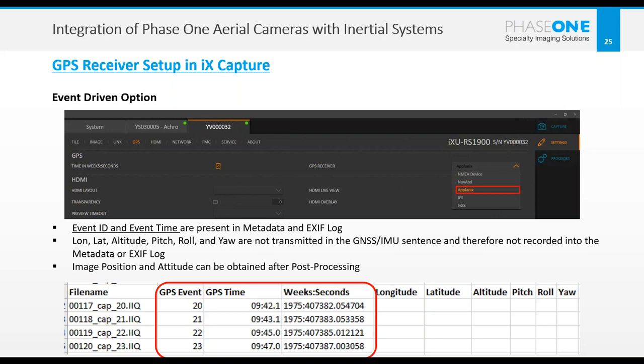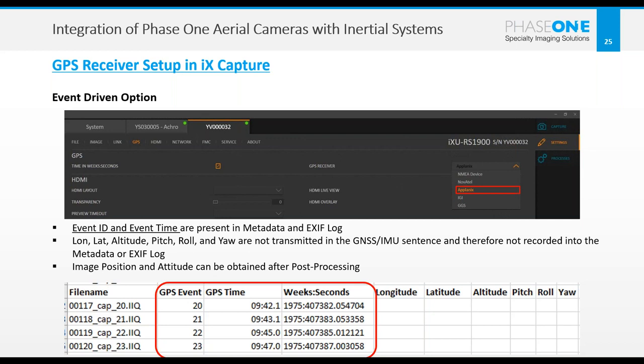Okay, image position and attitude in an accurate way, for this case, can be obtained after post-processing, but not at this time. The upside of this is that we can have any file name convention during the setup of the acquisition in IX Capture, but we also have a GPS event ID that can be connected to the navigation post-processing data.